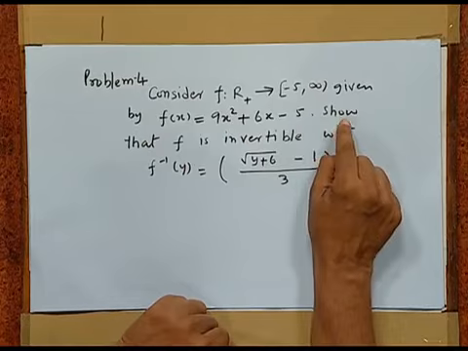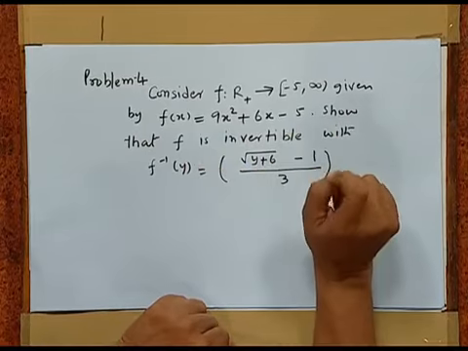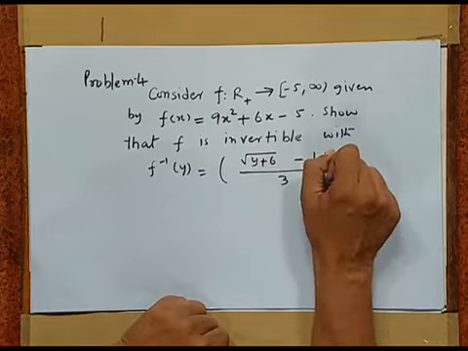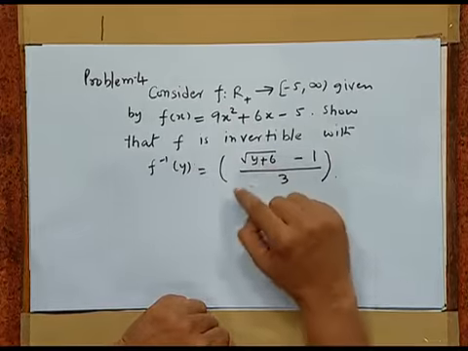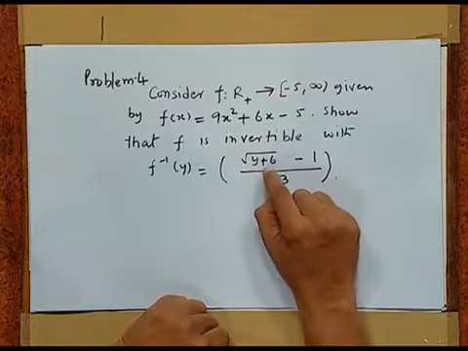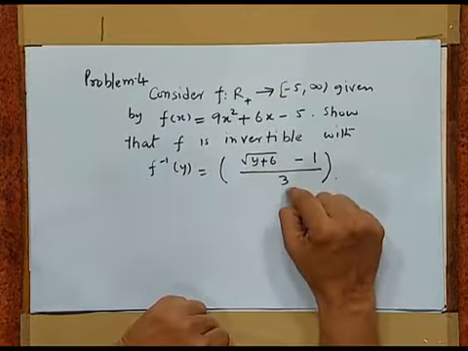We have to show that f is invertible with f inverse of y equal to (root of (y plus 6) minus 1) over 3.